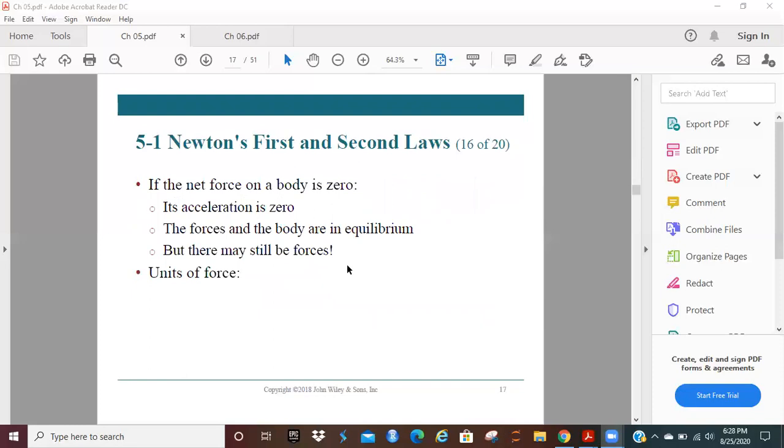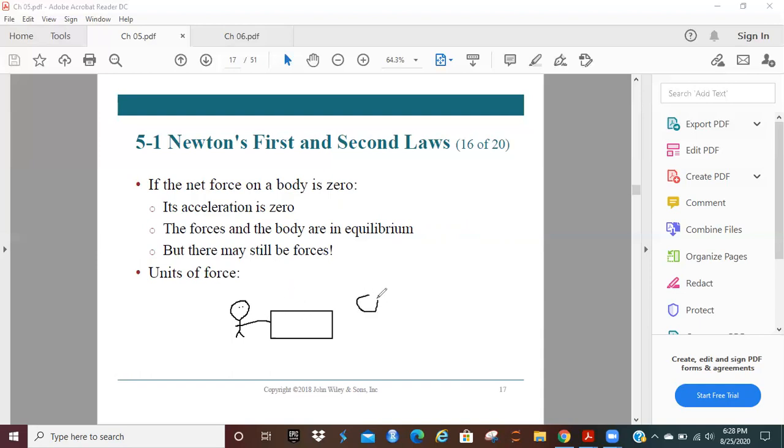So as I had mentioned before, if I have an object, let's say a big box sitting on the ground, and let's just say, okay, Braden, this is you right here, and you're pushing on this box.